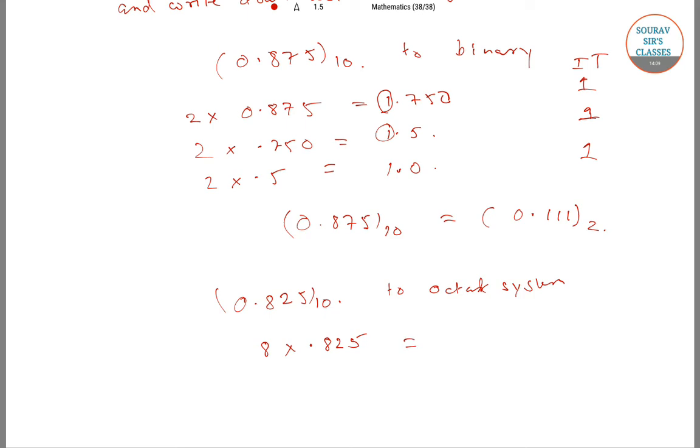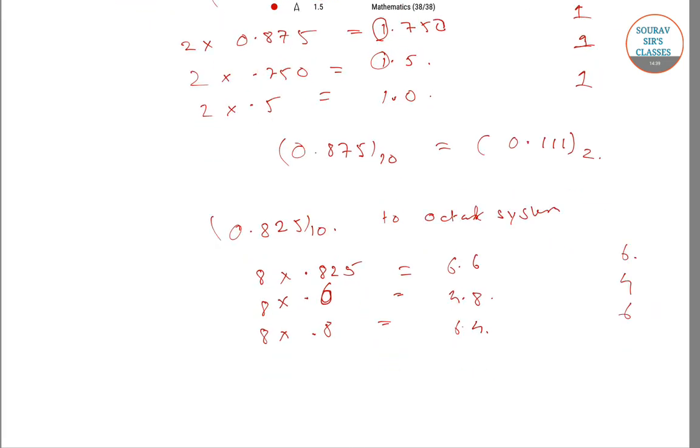We get 6.6, so the integral part is 6. Next we multiply 8 into 0.6, which equals 4.8, so the integral part is 4. Next 8 into 0.8 equals 6.4, so we again get 6.